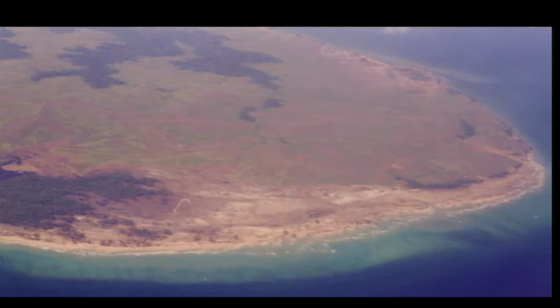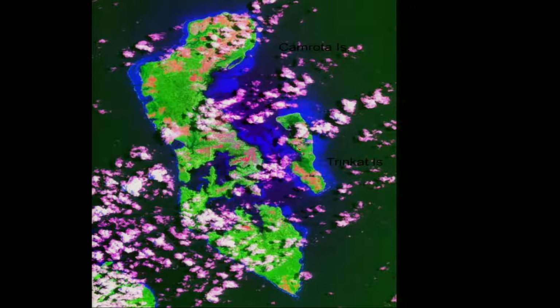Another beautiful part which we came across was that some people from this region informed us that this island, that is Trinket Island, was split in two parts because of the earthquake. But when we flew over this region, what we observed was not exactly the same, because this area subsided, and now the water passes right through this region. So it happened because of the subsidence.